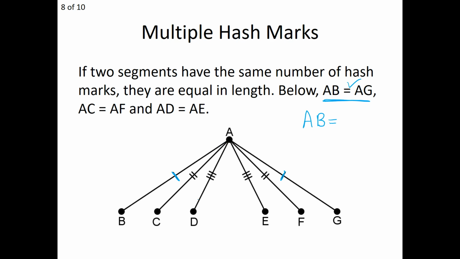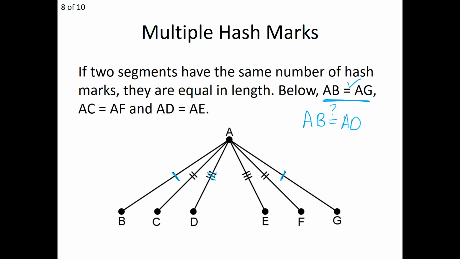AD, let's take a look at AD, is marked with a triple hash mark. My question to you is: is AB equal to AD? Now, a lot of you may say no. And if you say no, then you're wrong. So then you go, oh, so if it's not no, it must be yes. Well, if you say yes, you're also wrong.